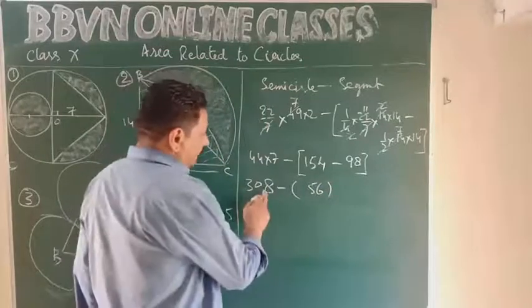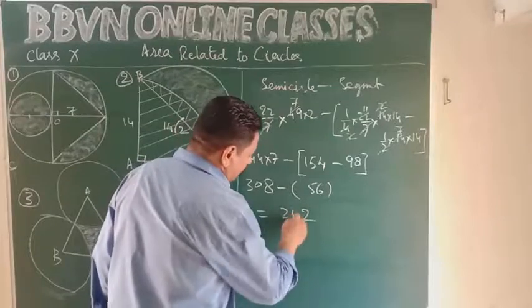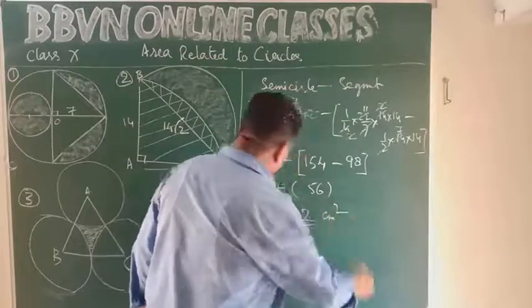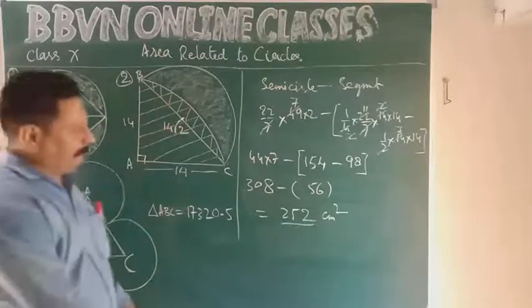Okay, now 308 minus 56, 252 centimeter square. This is the area of the shaded region in the second figure.